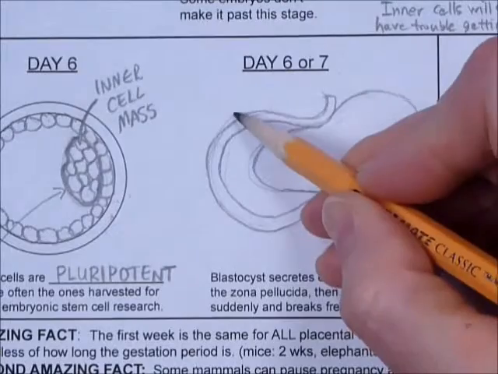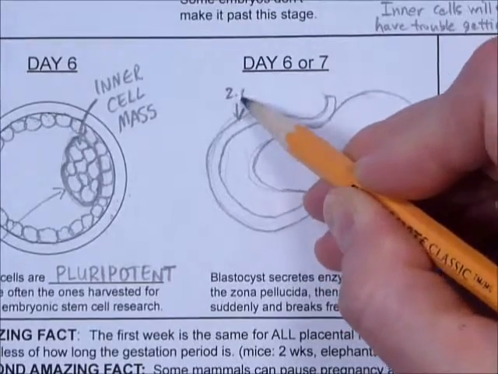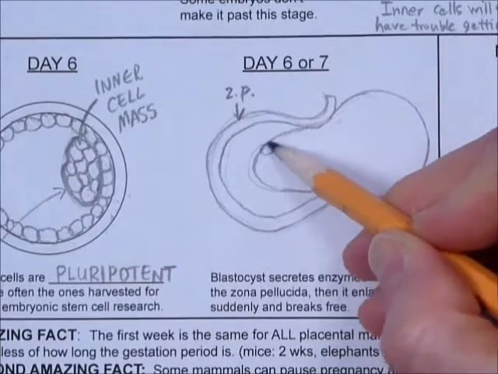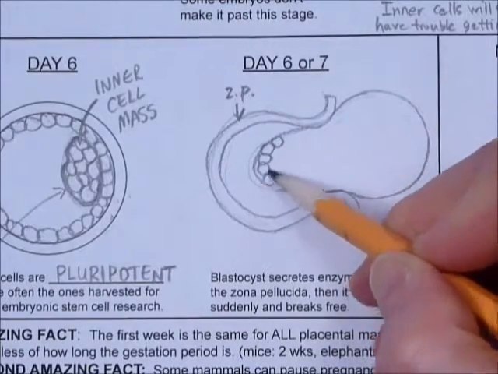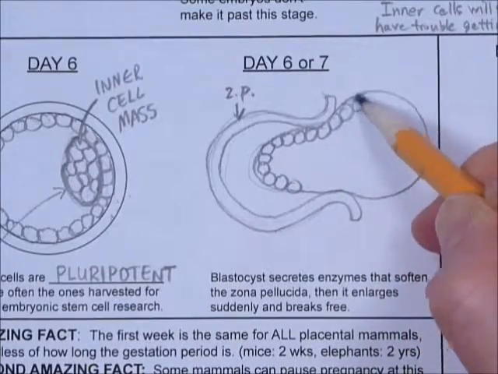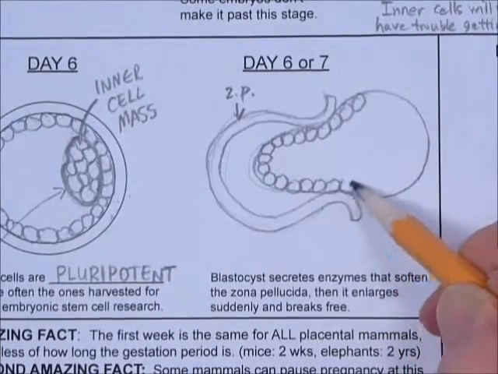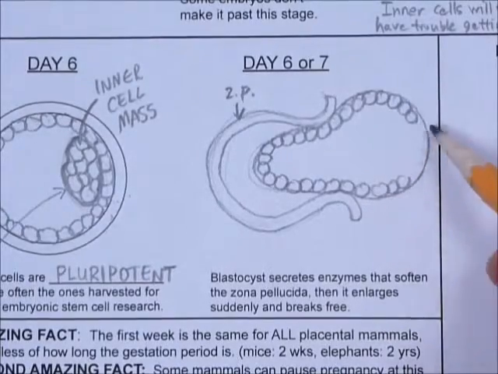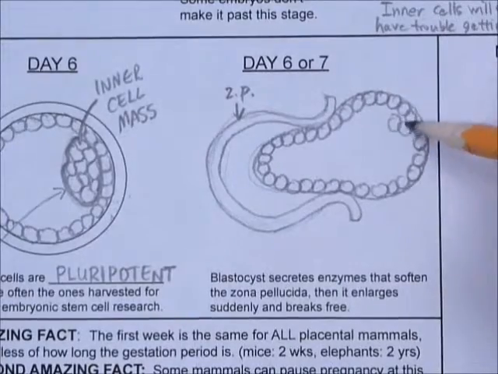Okay, so this is our good old ZP again. And this will be our blastula, blastocyst. And we'll put our inner cell mass right here.